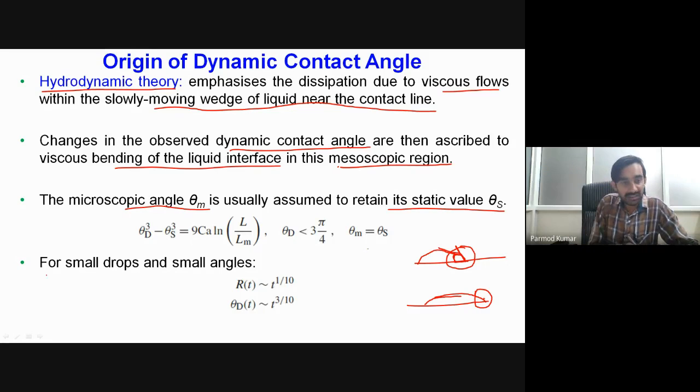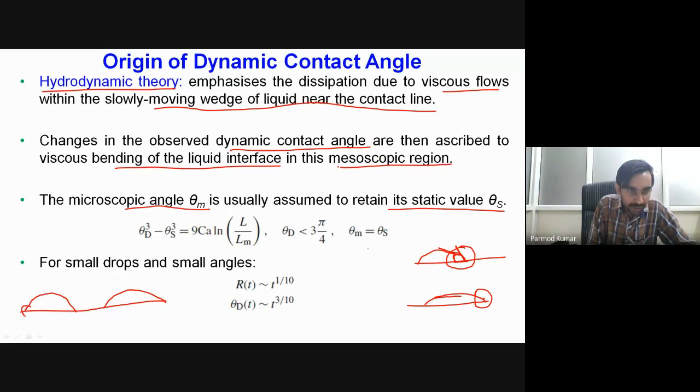Okay, let me demonstrate this phenomenon with the help of a representation. Say this is my initial profile, and after some time this is my other profile.